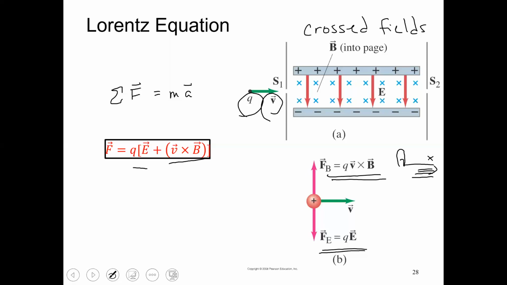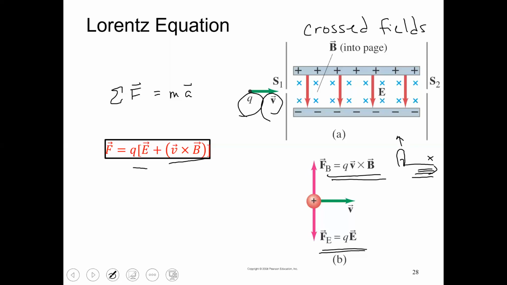And you'll see that your thumb points upwards, right? So you can double check that. So the Lorentz equation is just this equation that I have boxed over here on the left-hand side that tells us how a charged particle is going to feel forces due to an electric and a magnetic field.